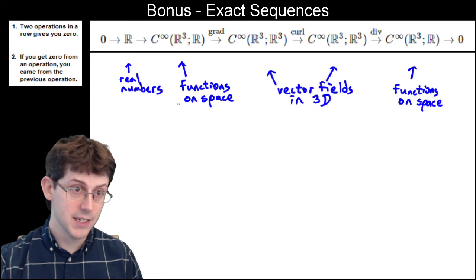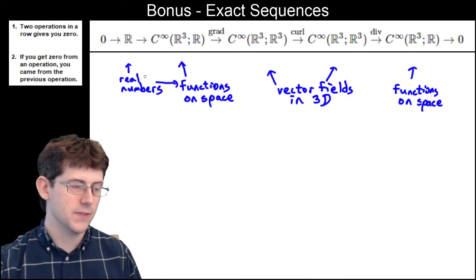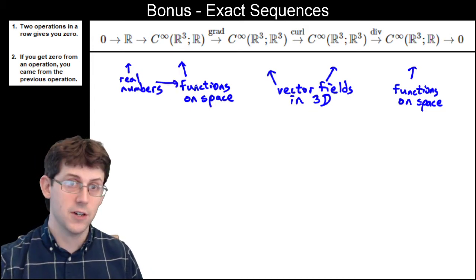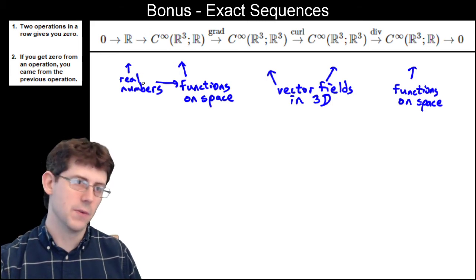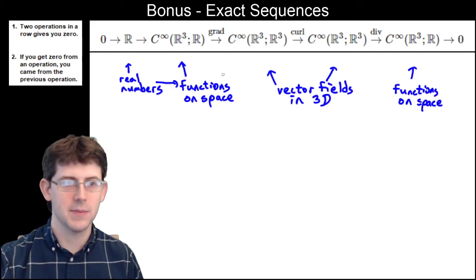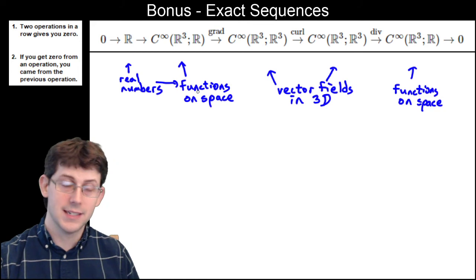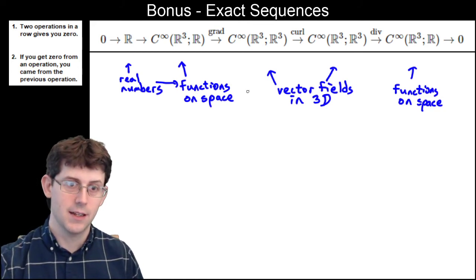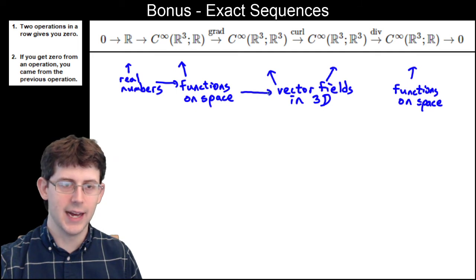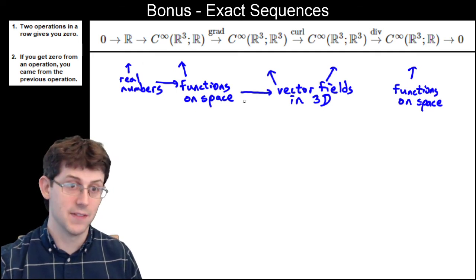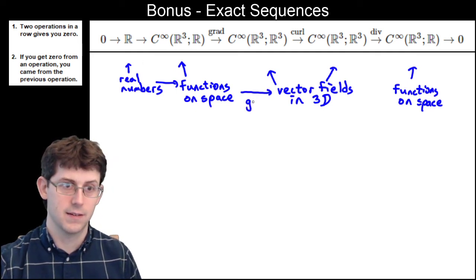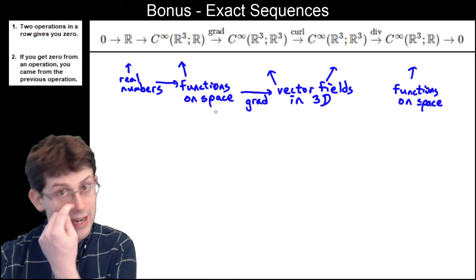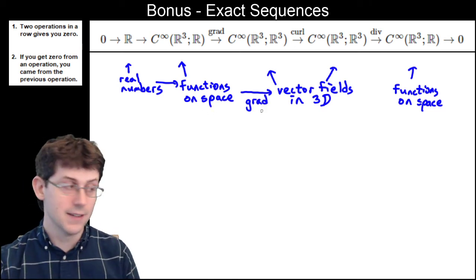What are the operations? Well, this one says if you start with a real number, just turn it into a function. Like if you have the real number 8, this can be the function: the whole world is 8 degrees. If you have a function, what you can do with it to get to the next spot is you can take the gradient of the function. If you take the gradient of a function, you get a vector field.